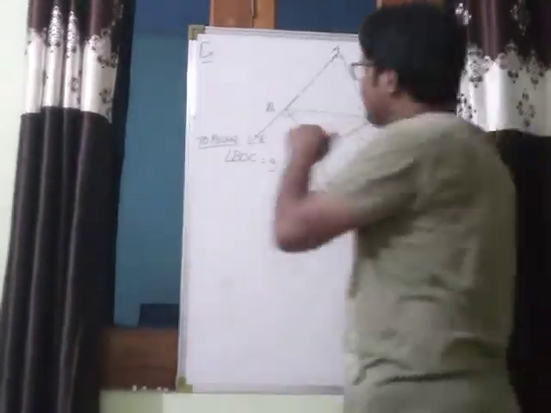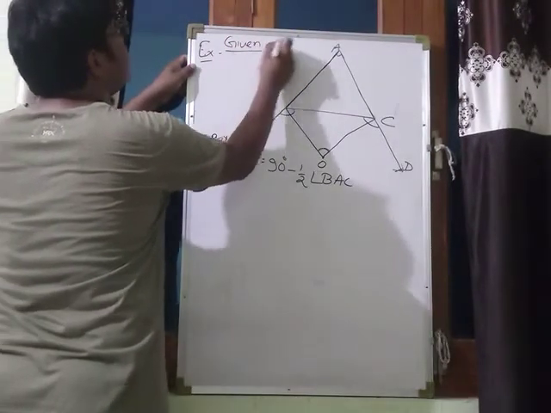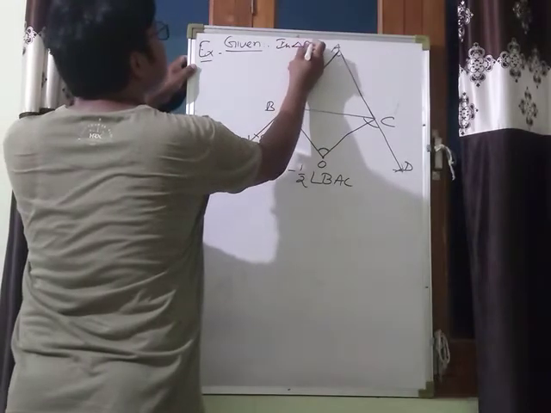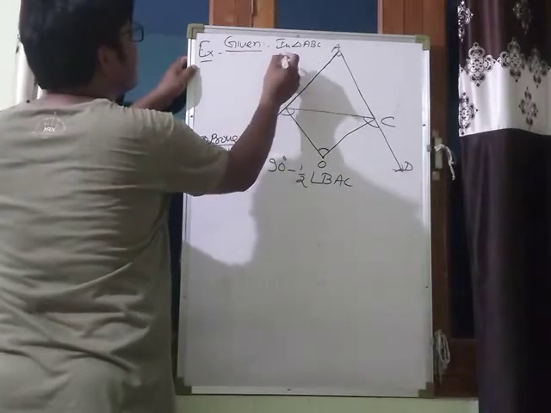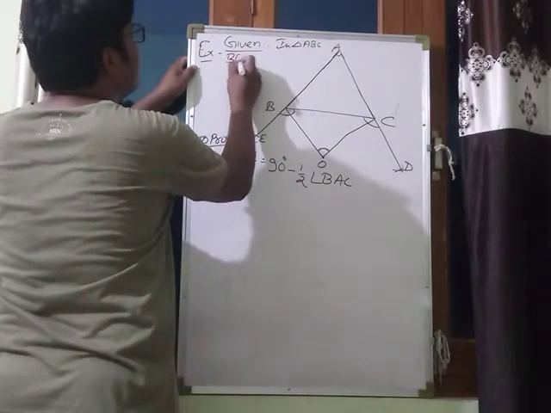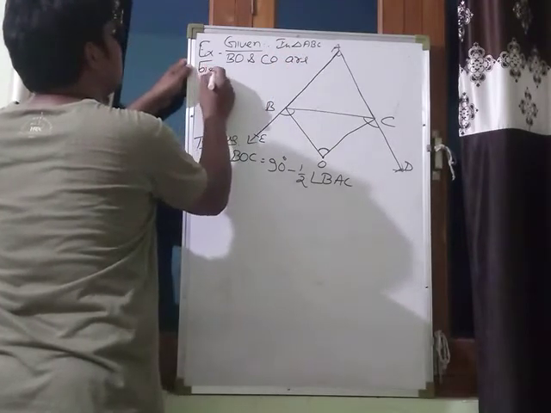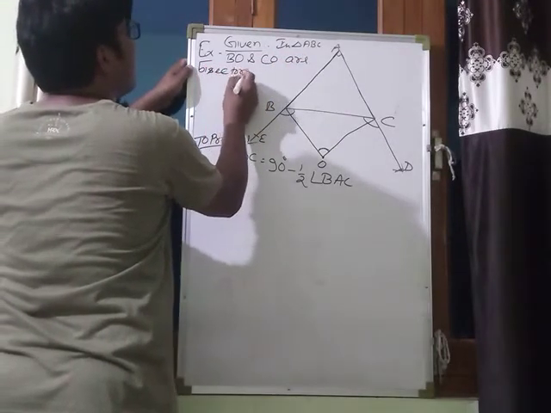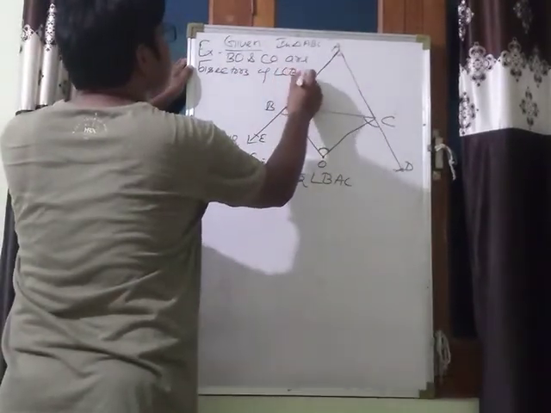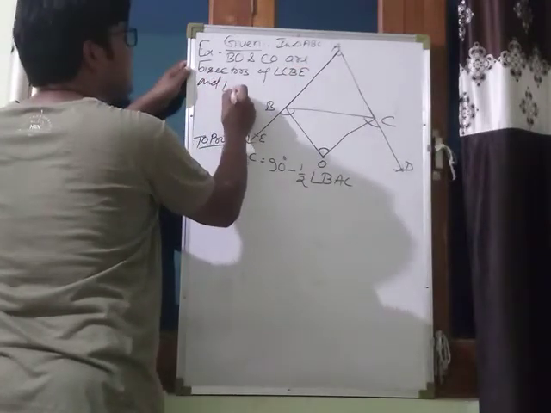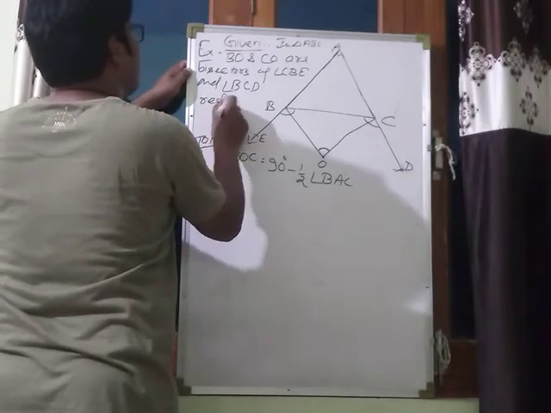What is given here? In triangle ABC, BO and CO are bisectors of angle CBE and angle BCD respectively.